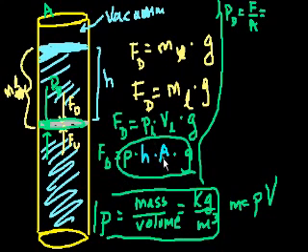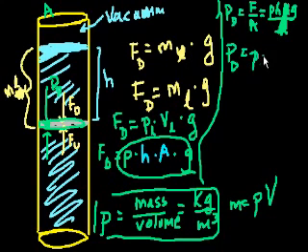So essentially, we can just get rid of the area here, right? So it equals rho H A G divided by A. So get rid of the A's in both situations. So the downward pressure is equal to the density of the fluid times the depth of the fluid, or the height of the fluid above it, times the gravitational constant, rho H g.